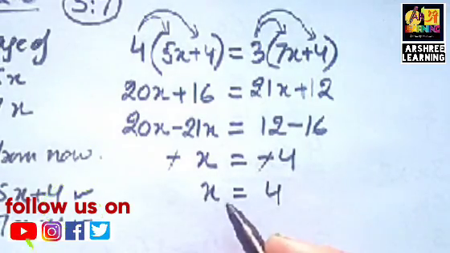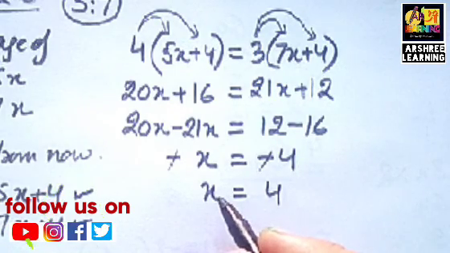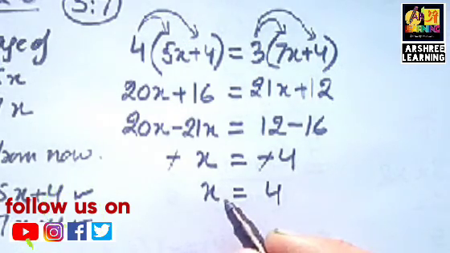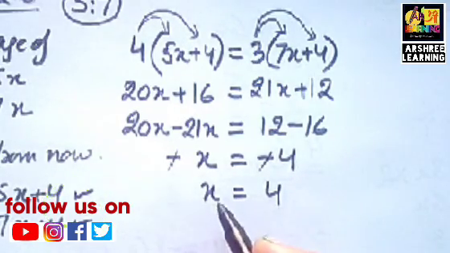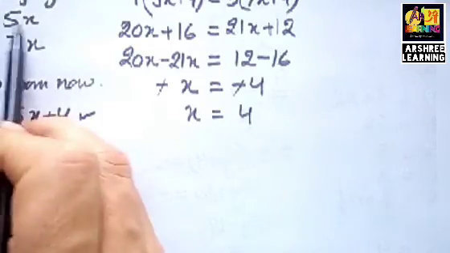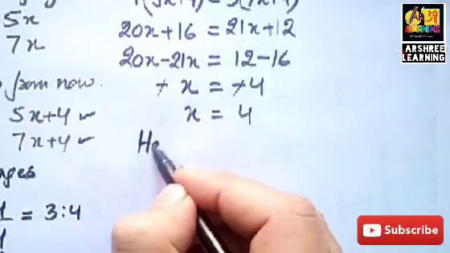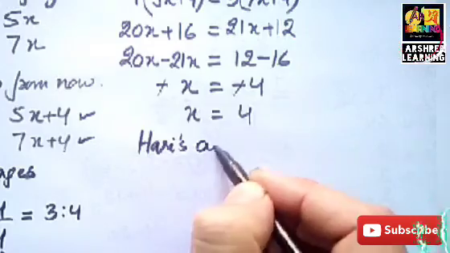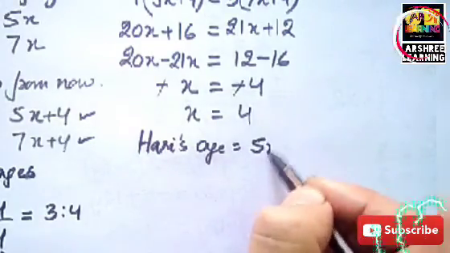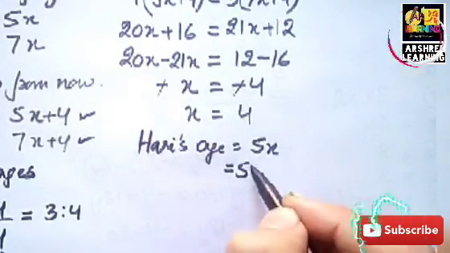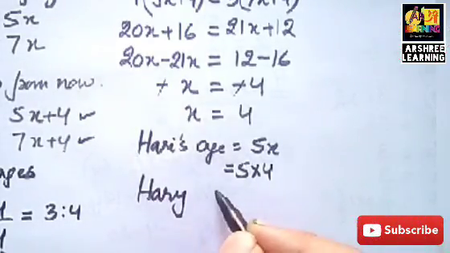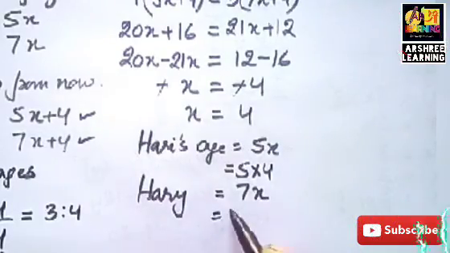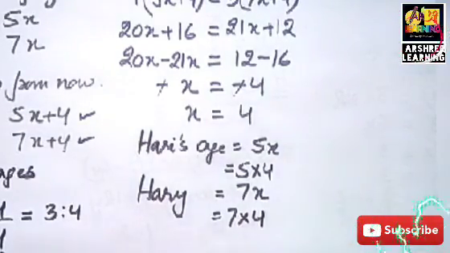So now this question is not a question of variables, it is a word problem. So since it is a word problem, in the end you have to write what was x. Now x is just a number. We supposed that the age of Hari is 5x. So now you will write Hari's age is 5x. 5x means 5 into 4, and Harry is 7x. 7x means 7 into 4.